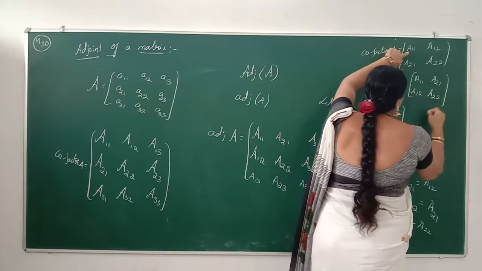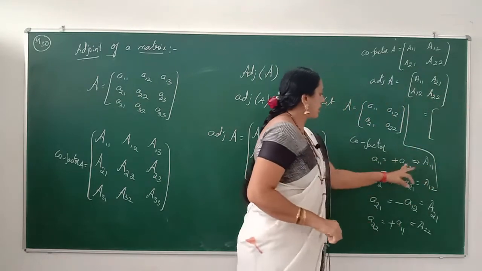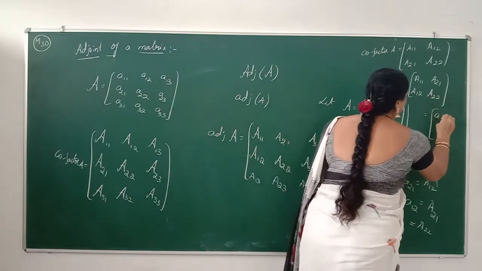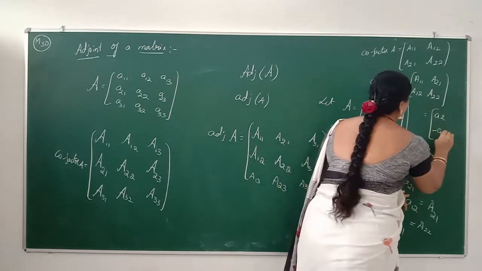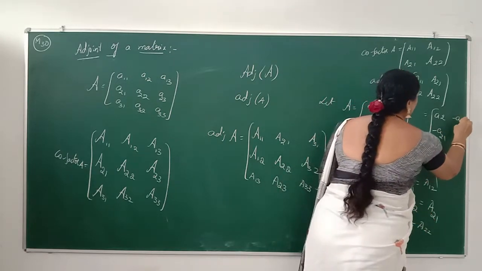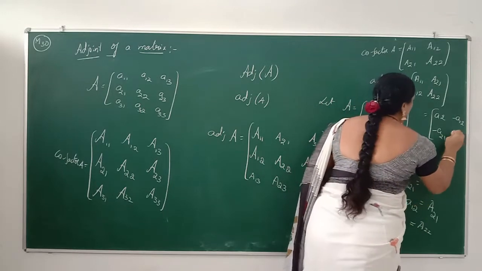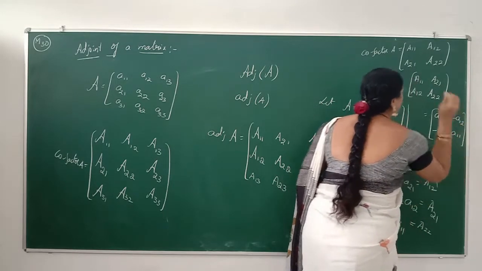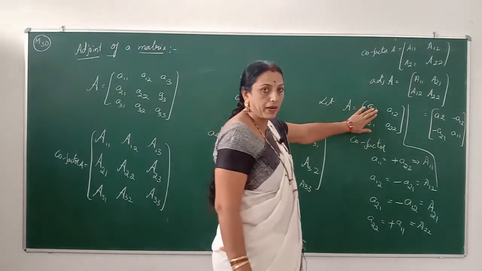But what are the elements of that given matrix? A11 is nothing but A22. A12 is minus A21. A21 is minus A12. And A22 is nothing but A11. That is the adjoint of the 2 cross 2 matrix.